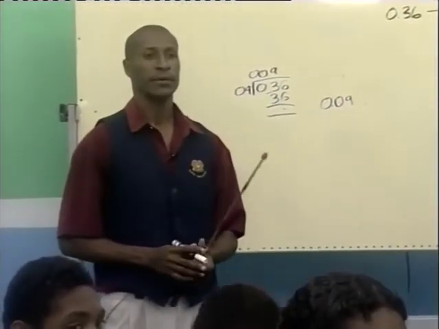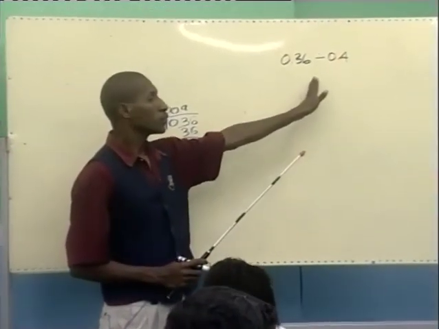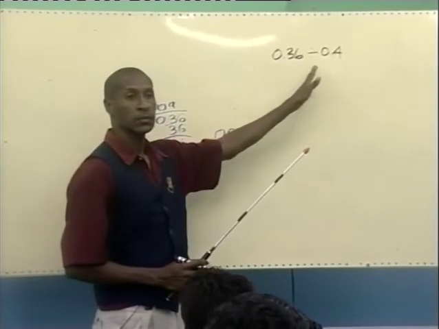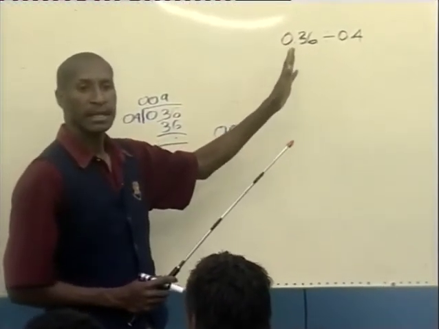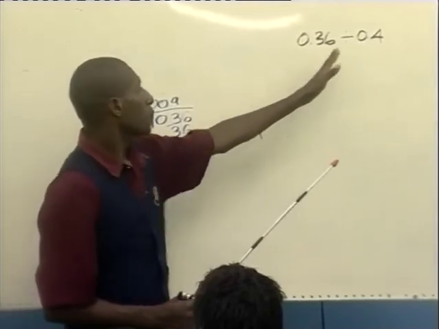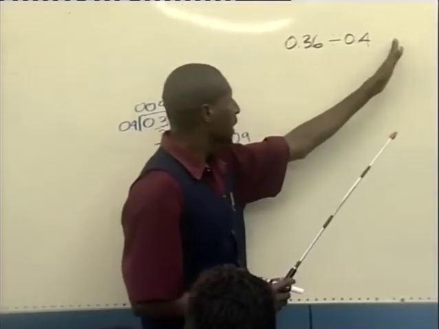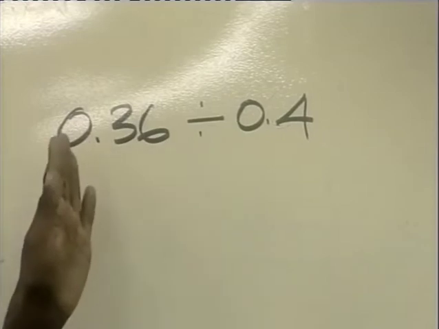Let's listen from Lini. Times 10, divisor and dividend, by 10. Very good. Now, to change the divisor to a whole number, you have to multiply by 10, which is multiply by 10 both the divisor and the dividend.